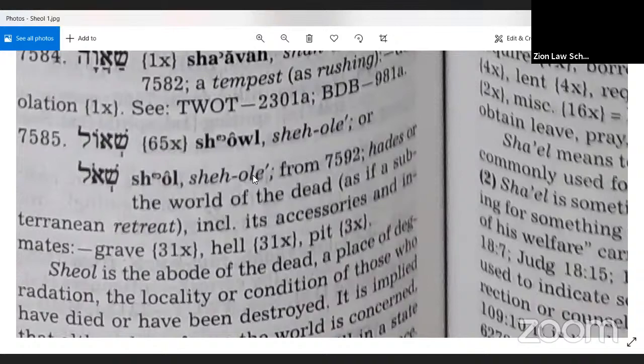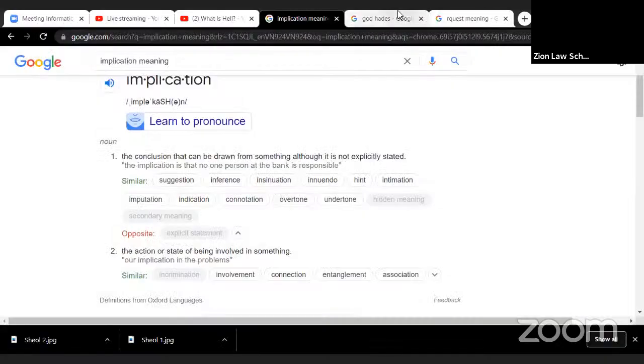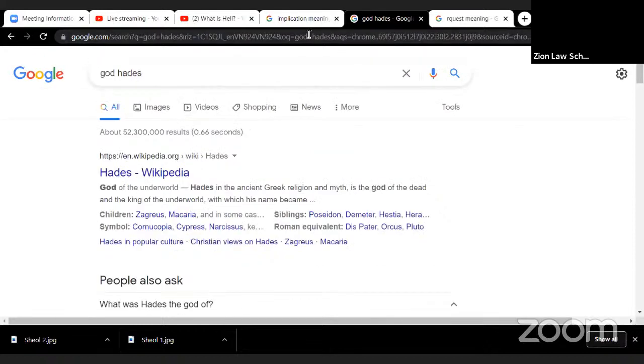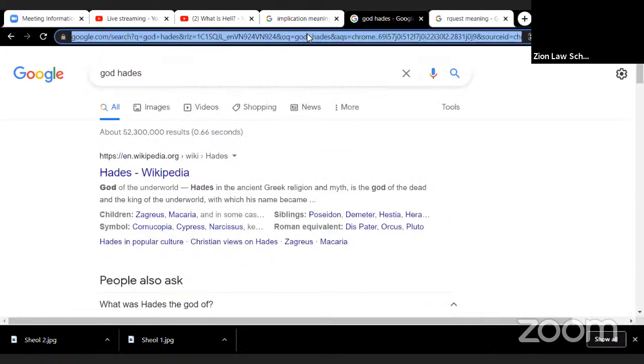Okay, so now we're going to apply it. Let me turn this off so I don't confuse anybody else. So now I'm going to read from Strong's number 7592. It reads, a primitive root to inquire. Okay, so we looked up inquire, and let's do it again. Let's look up inquire.